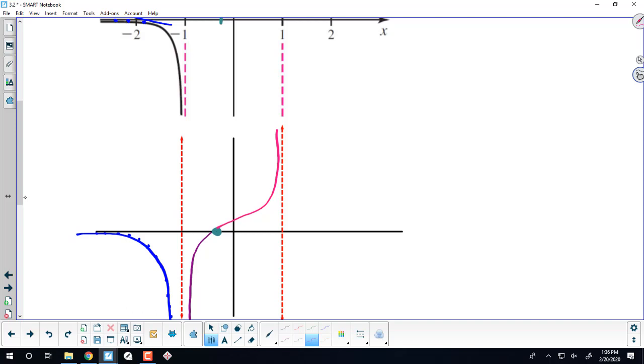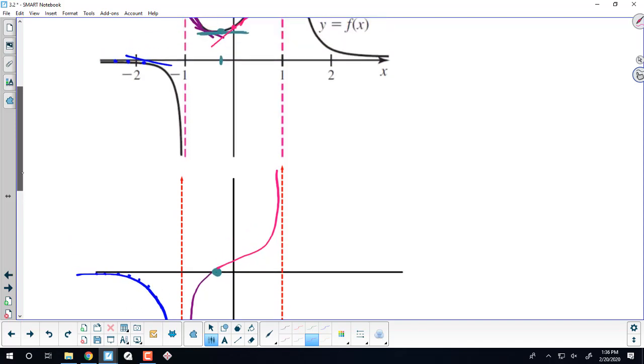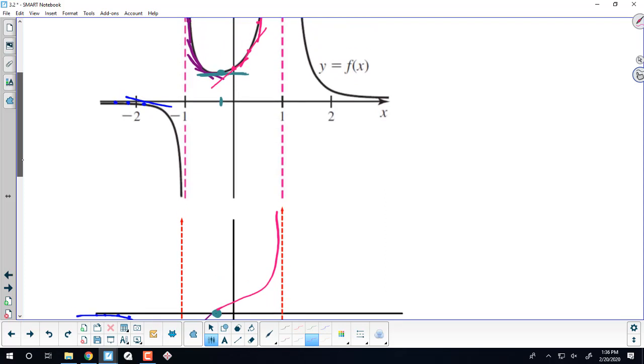Would we be able to find the y-intercept just from the other graph? Like this point right here, you mean? Yeah, the y-intercept. No, we couldn't determine the y-intercept here, because the y value at this point is whatever the slope is there.